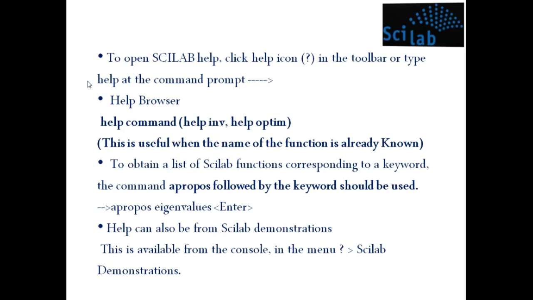To obtain a list of Scilab functions corresponding to a keyword, the command apropos followed by the keyword should be used. Help can also be obtained from Scilab demonstrations. This is available from the console in the menu Help and then Scilab demonstrations.